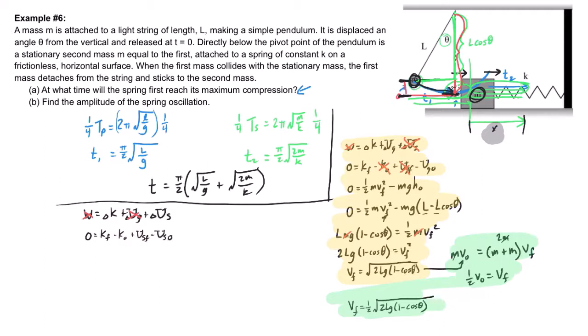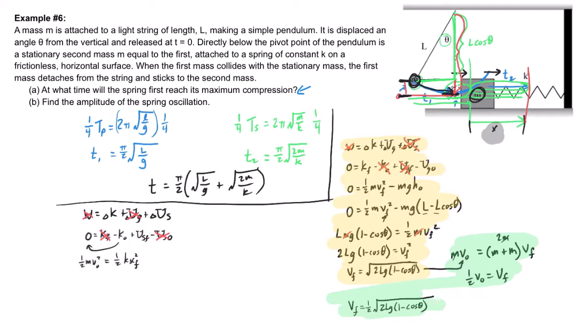Again, the final kinetic will be 0 because it's going to come to rest when it compresses over here. The initial elastic potential will be 0 because it has 0 elastic potential when it hasn't been compressed yet. And so we'll move the kinetic energy over to the other side. So we'll have 1/2 mv squared initial, and that should be equal to 1/2 kx squared final.